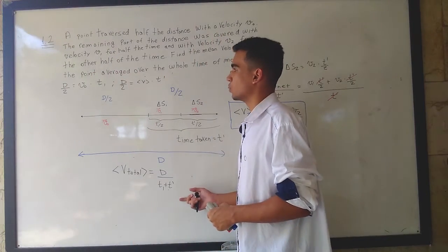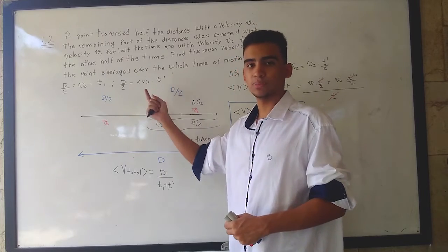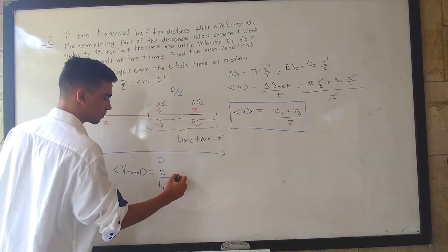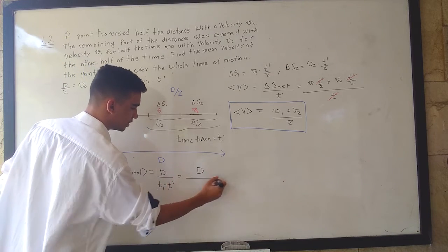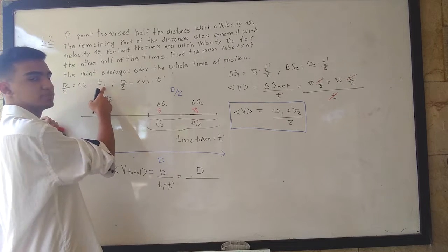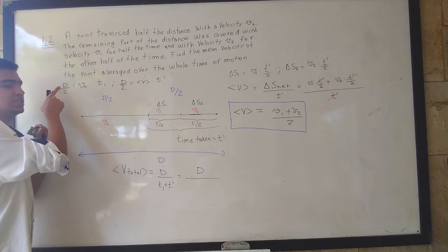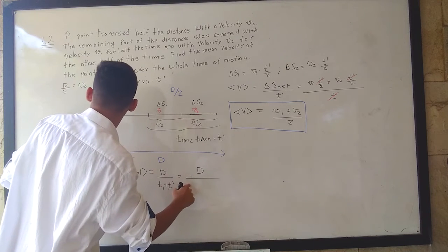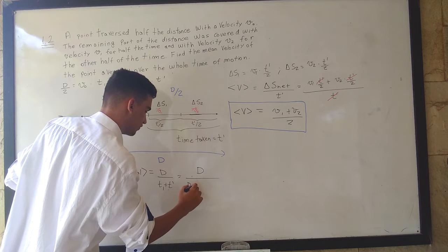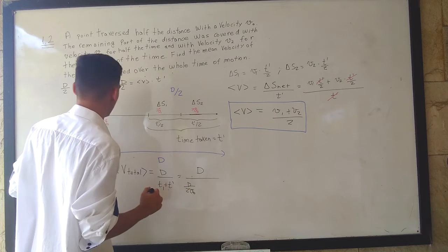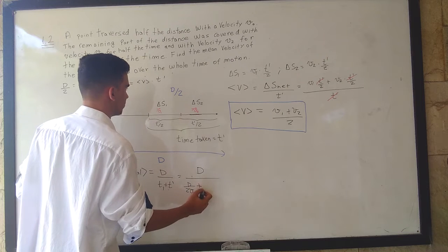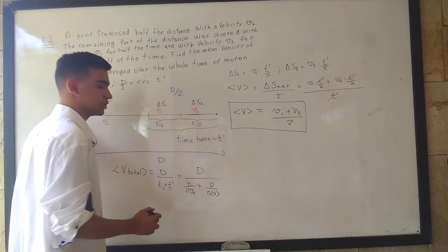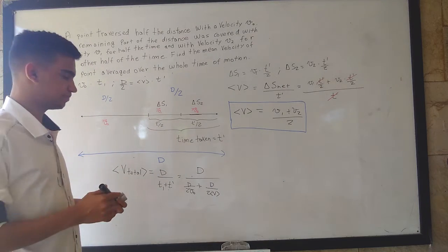So we know what is T1 and we know what is T prime, so we just put them here in place of these. D divided by, what is T1? T1 is D divided by 2 V0. What is T prime? It is D divided by 2 times the average velocity of the second part of the trajectory.